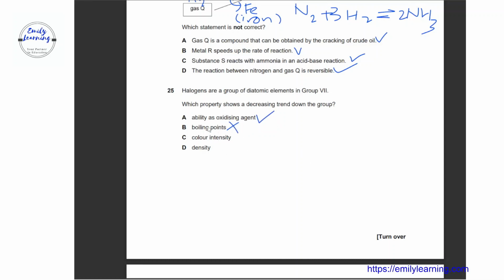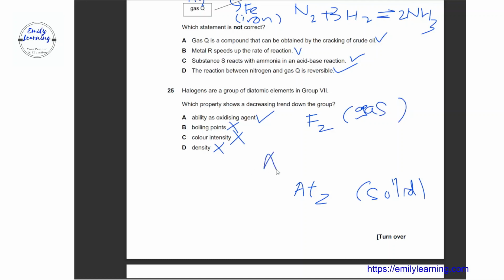Okay, so this is not correct. Color intensity, it gets darker in color as you go down the group. So color intensity increases, not decreases. So C is wrong. Density also increases going down the group, because as you go from fluorine all the way to astatine, this is a solid that has a much higher density compared to fluorine, which is up in group 7, which is a gas. So the answer for 25 is A.